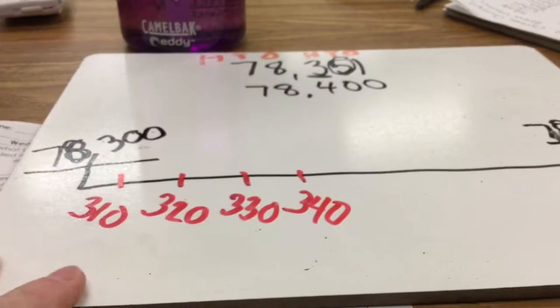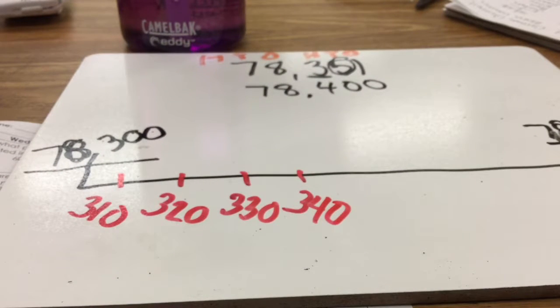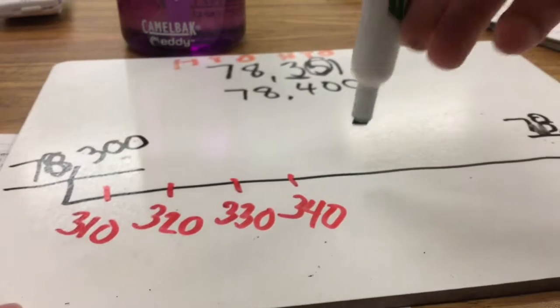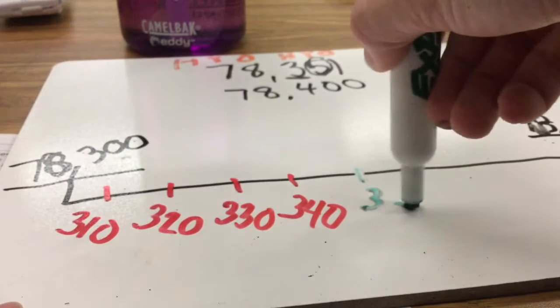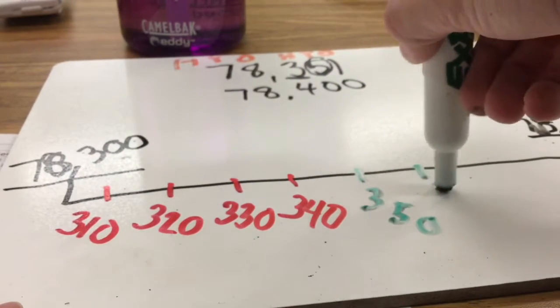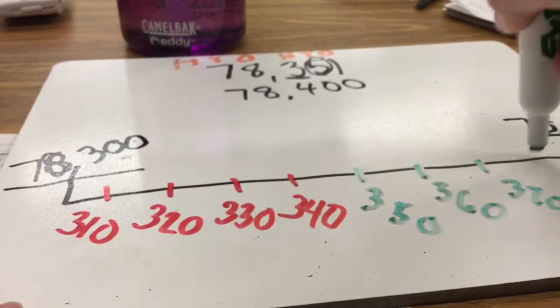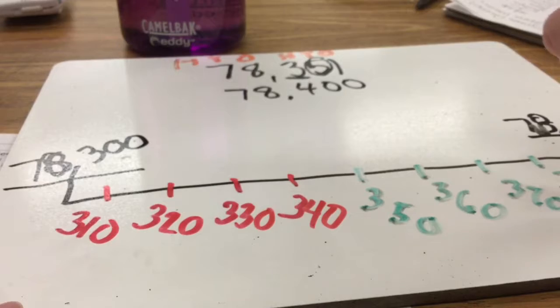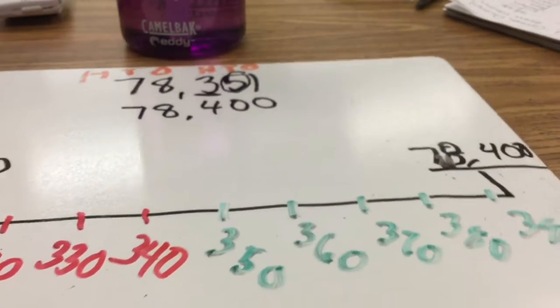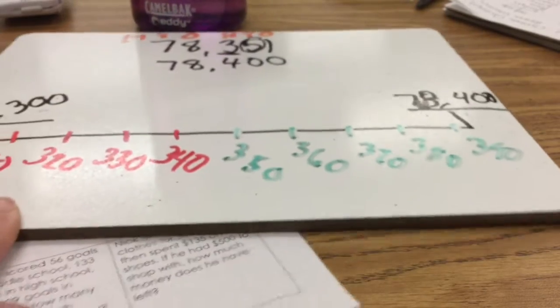Once I get to 40, I stop my red and I start my green. 350, 360, 370, 380, 390. Now remember, we're not worrying about that 78 part right now.